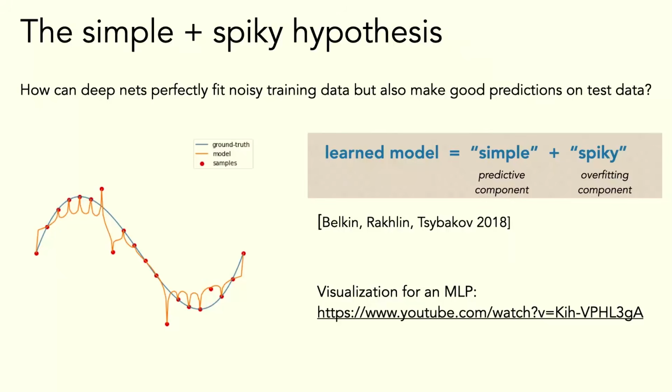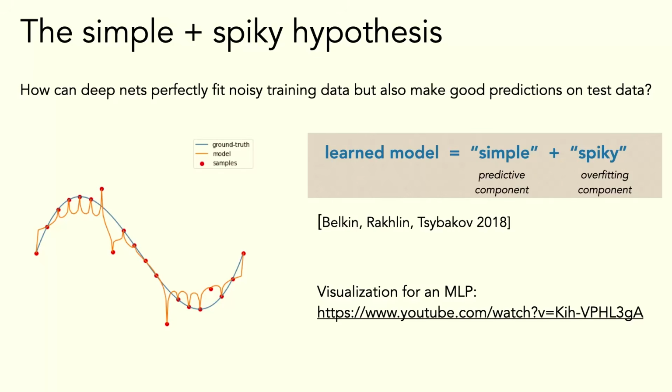And the basic hypothesis here is that, and this is provable for certain simple systems, but it's not really provable for deep nets, the learned model has two components. With enough capacity, it will find a simple fit to the data, and then it will also use little spikes of capacity to fit the outliers.